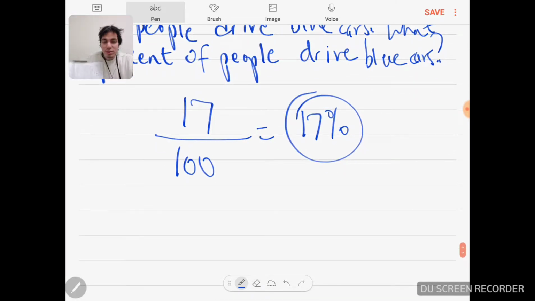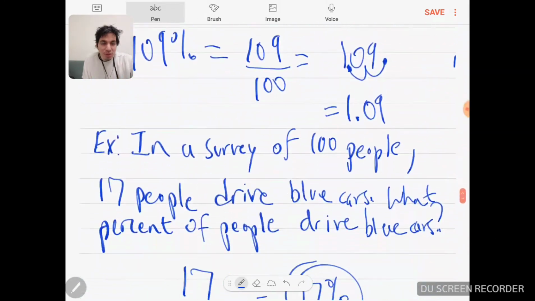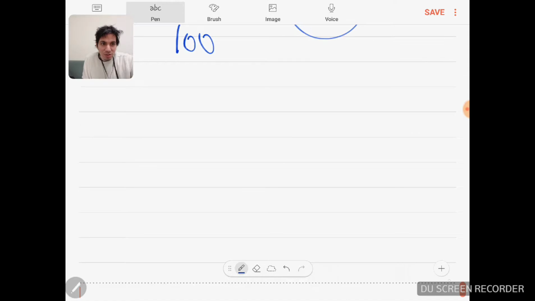So it's important to understand what percents are in general.